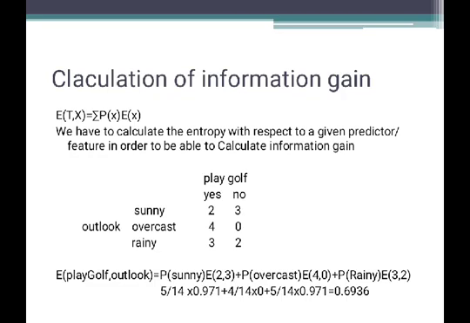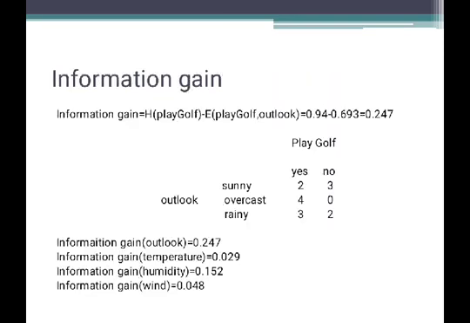Entropy of playing golf comma outlook is equal to probability of sunny times E of 2 comma 3, plus probability of overcast times E of 4 comma 0, plus probability of rainy times E of 3 comma 2. By calculating this, we get the entropy of playing golf comma outlook as 0.6936. Information gain is equal to H of play golf minus E of play golf comma outlook.